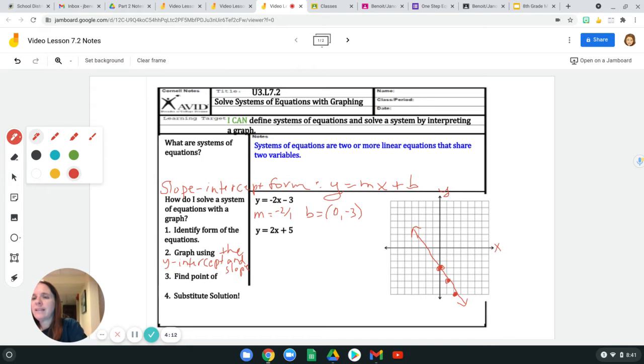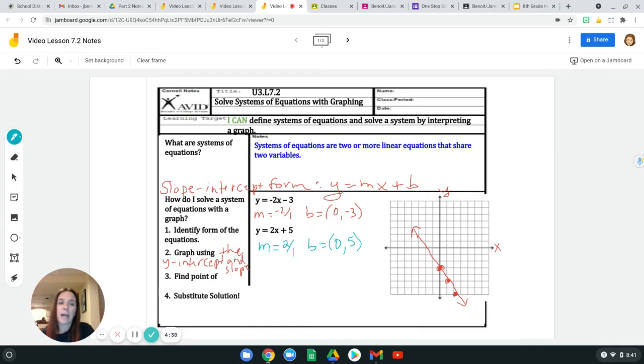Now, my second equation in my system is y equals 2x plus 5. I'm going to pull the same information out. I know my slope is attached to my x. That's a positive 2 over 1. So this time I will rise 2 and then go to the right 1. And my y-intercept is positive 5. And I write that as an ordered pair, 0, 5.